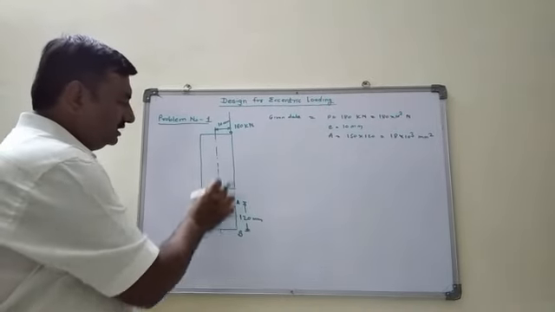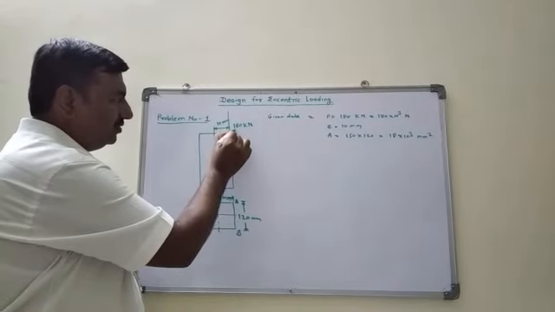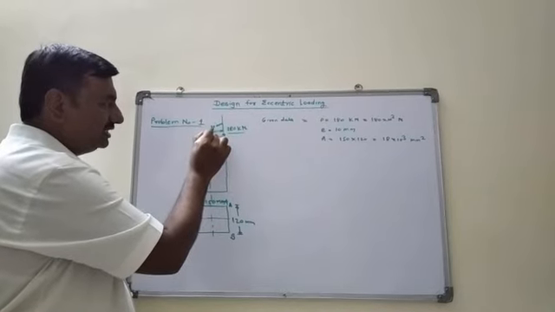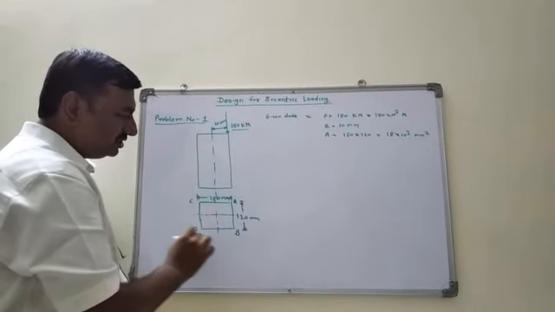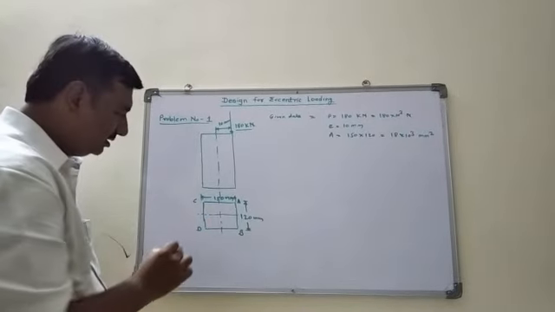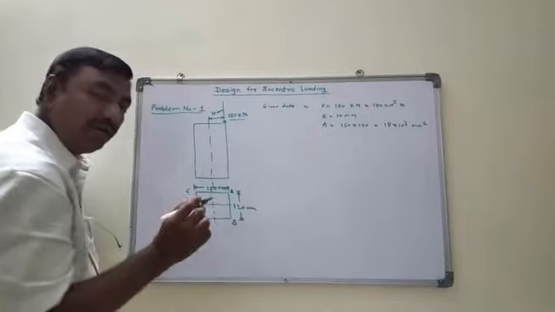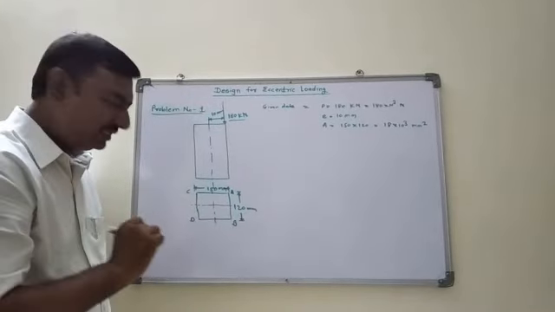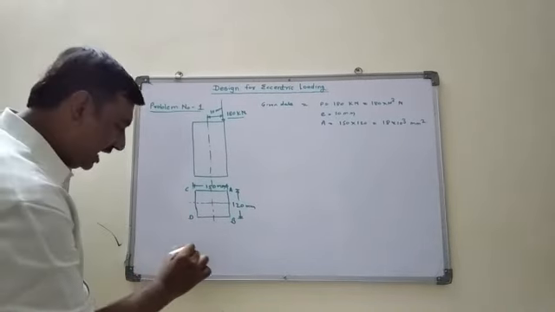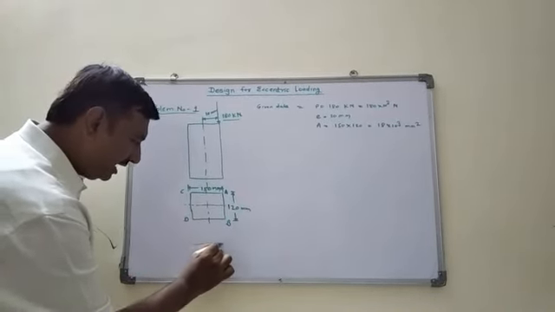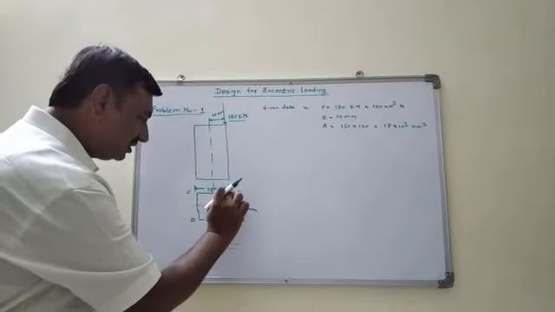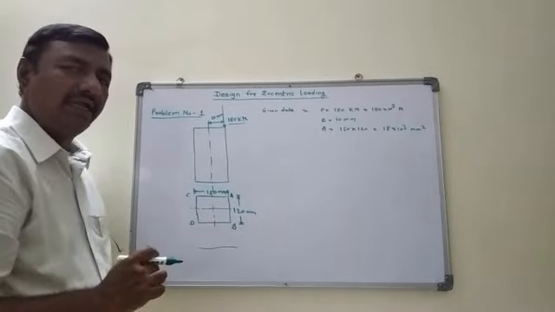So here this is the sketch. This is the load 180 kilonewton subjected to eccentric load at an eccentricity of 10 mm. This is the cross section of the rectangular strut, 150 by 120 mm. We have to calculate the stress intensities at AB and at CD, so that at the end we can calculate the stress distribution across AB and CD.